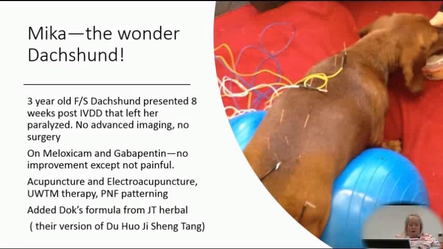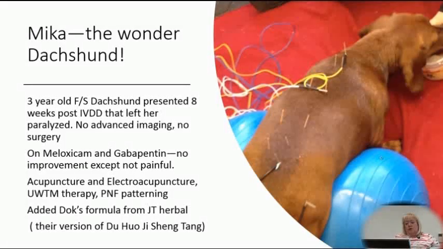We did acupuncture and electroacupuncture, underwater treadmill, PNF patterning, and we added Doc's formula, which is the Jingtang version of the Duhuo formula, and that made a huge difference with our friend Mika.